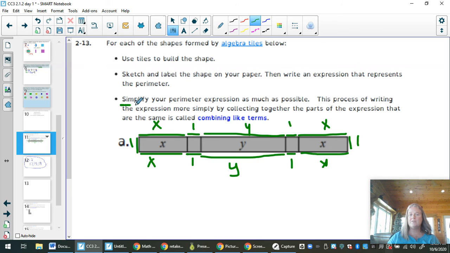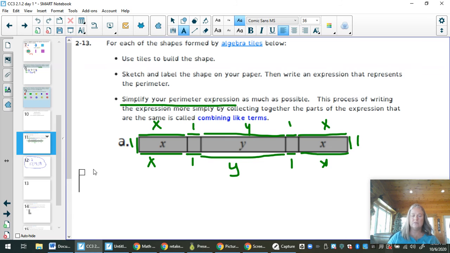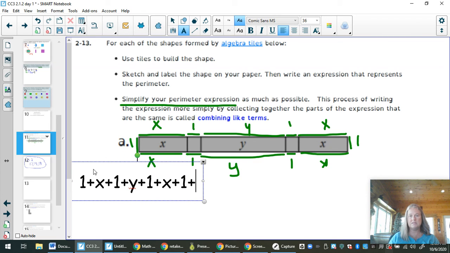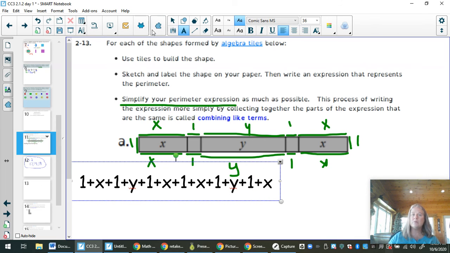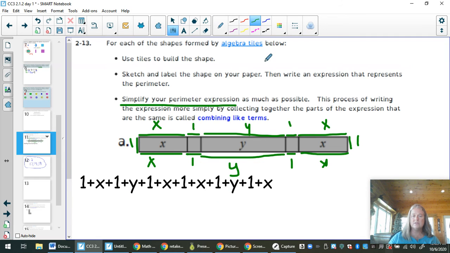Now we want to simplify that perimeter expression by combining as many of the like terms as we can. So instead of writing out 1 plus x plus 1 plus y plus 1 plus x plus 1 plus x plus 1 plus y plus 1 plus x, we combine our like terms. So I have 1, 2, 3, 4, 5, 6 ones.